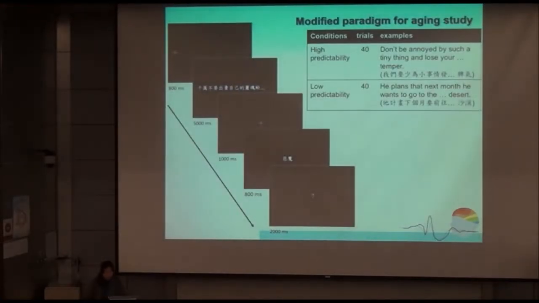So we're also trying to see how age would have an effect on reading comprehension. But for an aging study, we have to modify the paradigm to make it more natural. So here we manipulate the predictability of the ending words, and we first present the sentence frame for 5,000 milliseconds, and then we present the target word.